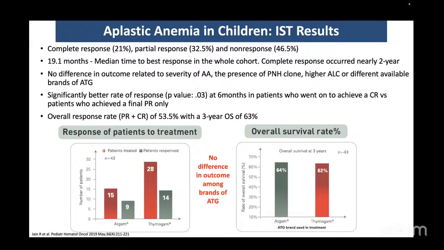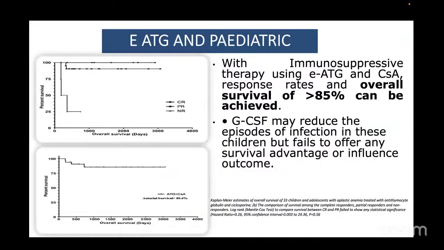And we can see that on a retrospective subgroup analysis between the brands used for horse ATG, ADGAM and Thymogam, there's hardly any difference in overall survival. So with immunosuppressive therapy using eltrombopag-based ATG and CSA, response rates and overall survival can be up to more than 85%, matching the rates of stem cell transplant in severe aplastic anemia patients.